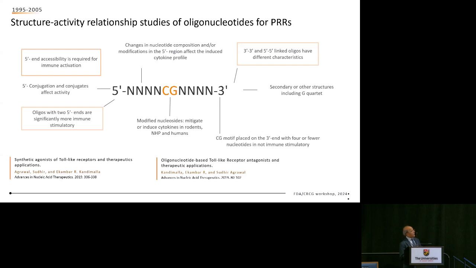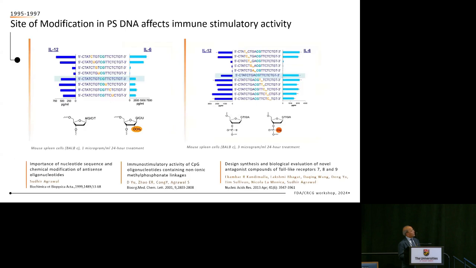So two properties here. If we modify the 5' end, we can completely mitigate the immune stimulatory process. So the 5' end is required for immune activation. If you keep that in mind, we'll come back to how we can use that knowledge in creating better therapeutics.